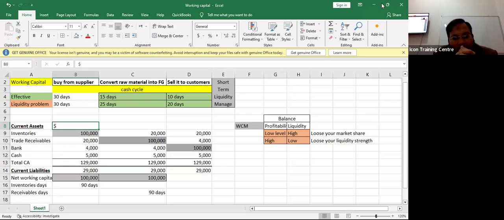This policy is reflected in a higher current ratio, current assets divided by current liabilities, and acid test ratio, quick assets divided by current liabilities. Now liquidity ratios are presented in study one, and yeah, we have already gone through those liquidity ratios.